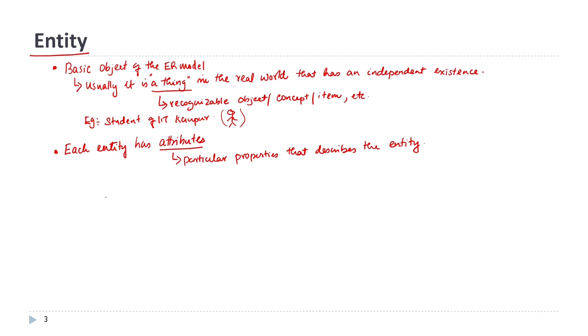So, what are some of the attributes of the student? Okay. So, let us take student attributes. Some of the attributes will be the roll number of the student, that will be the easiest thing for us to identify because the roll number will be unique. Then there is the first name of the student.